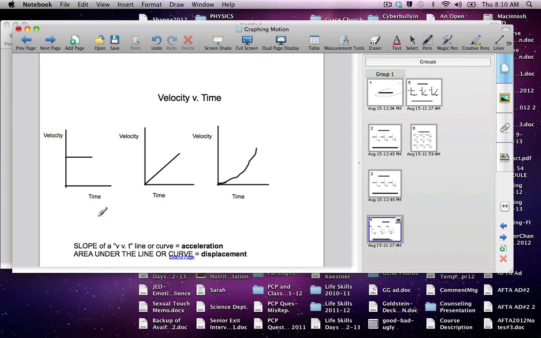So the slope of a velocity versus time line or curve is acceleration: delta v over delta t. Slope, velocity, acceleration, the same. So in this situation, slope is 0, acceleration is 0. It's not accelerating, moving at a constant speed. What do you think's happening here?